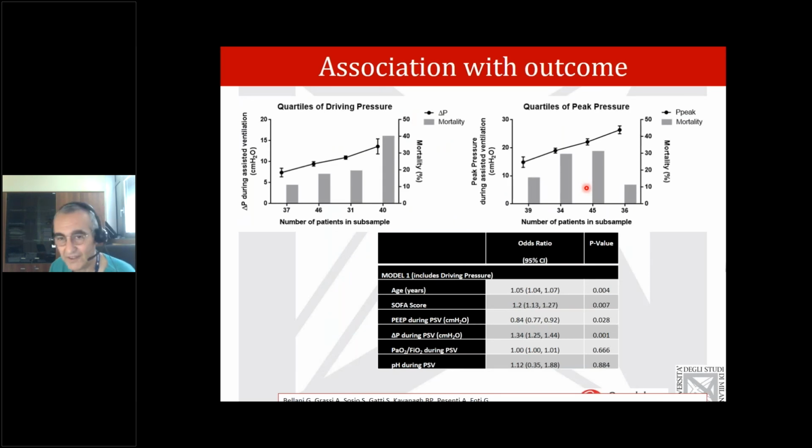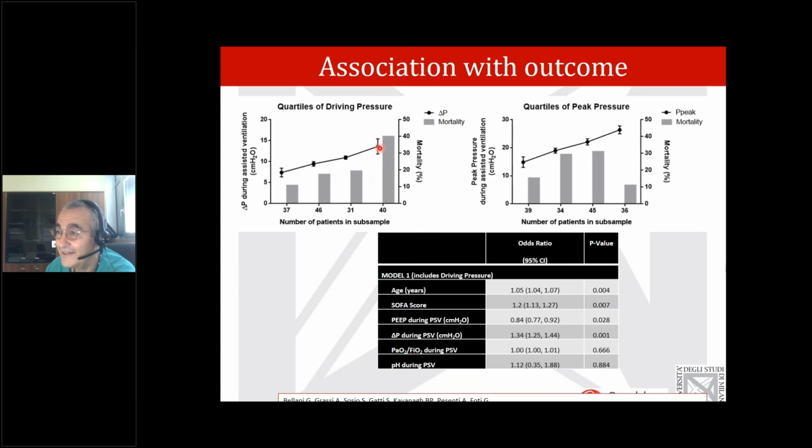Driving pressure during pressure support is as important as driving pressure during controlled mechanical ventilation. Just before the pandemic, we published this paper in which we retrospectively, in approximately 150 patients, looked at mortality related to driving pressure during pressure support.